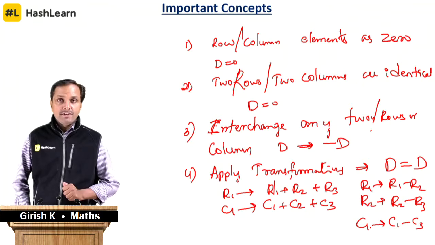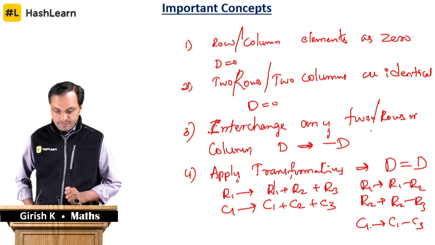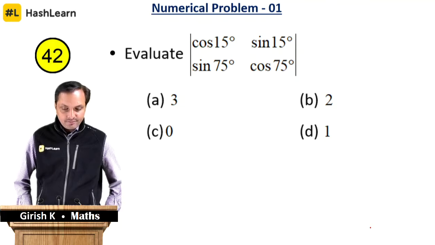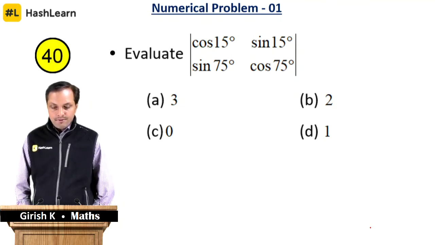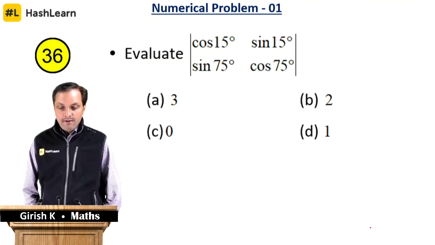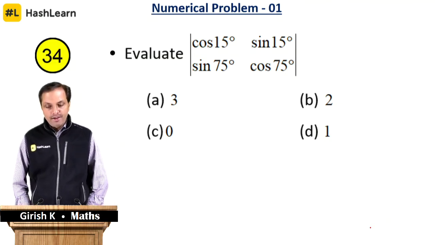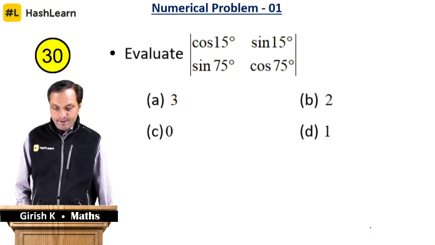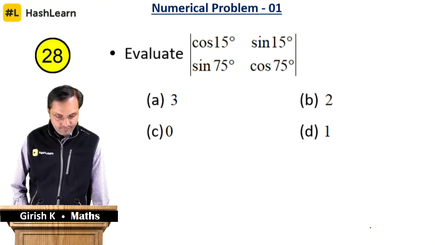Here is the first problem for the day, 45 seconds. It's a very simple problem. They are asking you to evaluate the determinant cos 15, sin 15, sin 75 and cos 75.